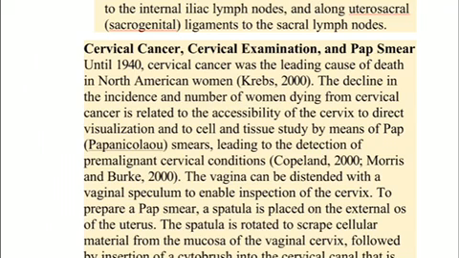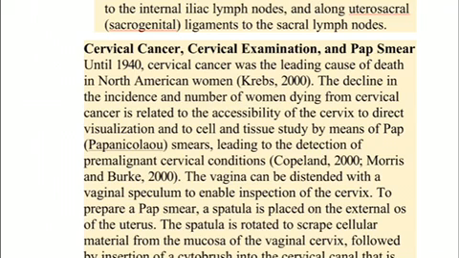Cervical cancer is very sad to hear about. It's a leading cause of death among women. But now you have a decline in the incidence and number of women dying from cervical cancer, many thanks to cervical examination and procedures like the Pap smear.